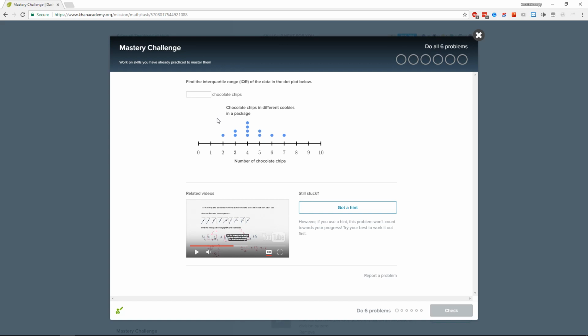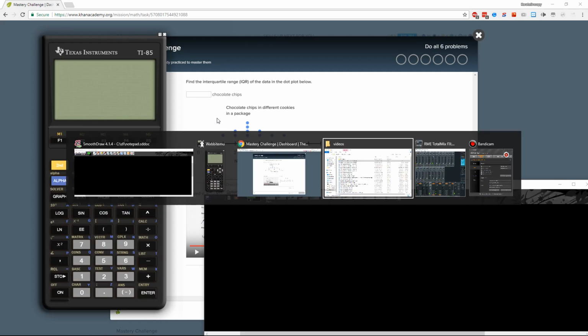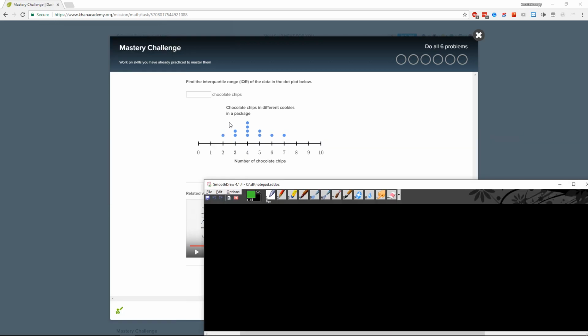So we have to write down these numbers on our trusty scratch pad. Don't need the calculator. 2, 3, 3, 4, 4, 4, 4, 5, 5, 6, 7.